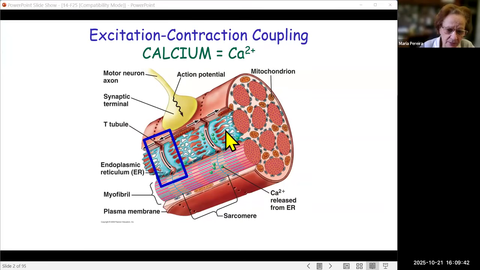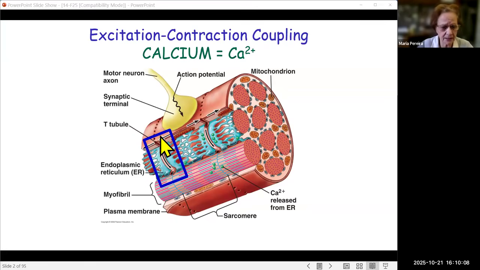And this sarcoplasmic reticulum is highly enriched in calcium. It has 10,000 times more calcium than in the cytoplasm. So you have high concentrations of calcium in the sarcoplasmic reticulum. And this area of the sarcoplasmic reticulum that's close to the T-tubules is known as the triad.